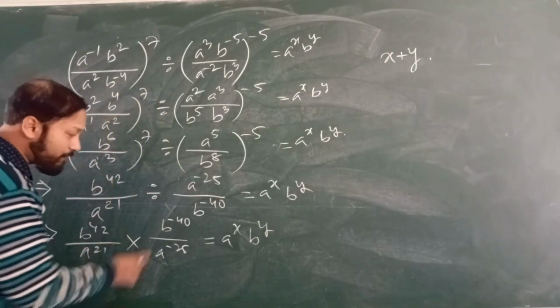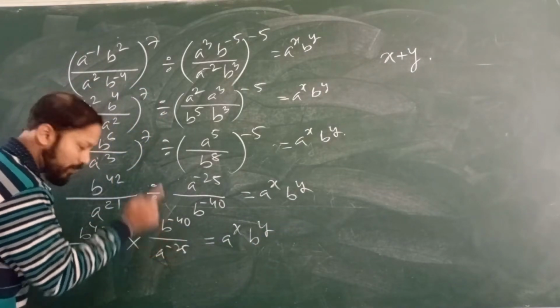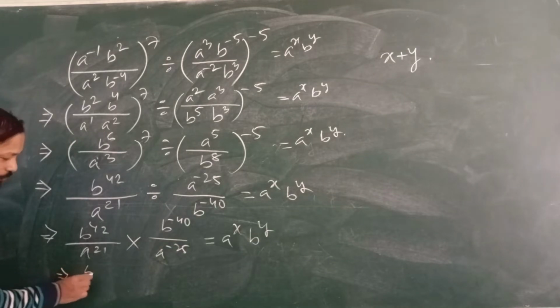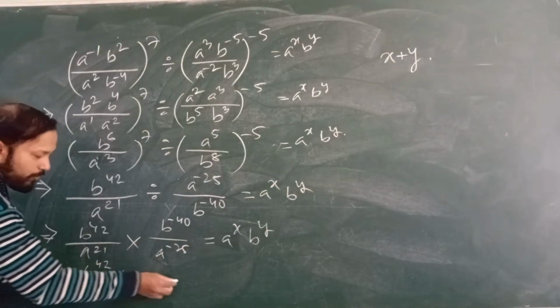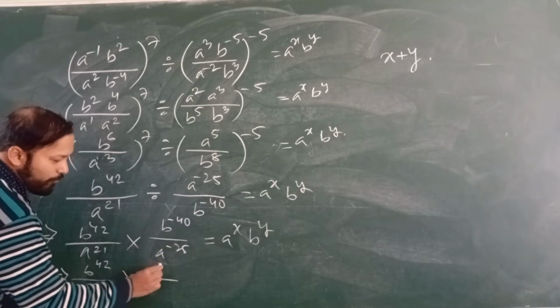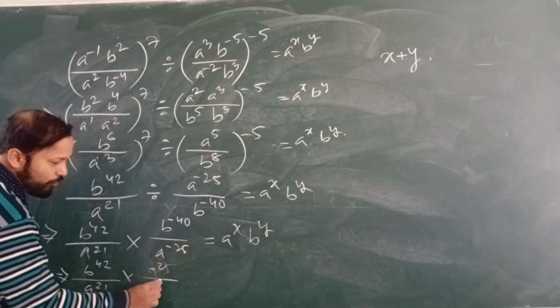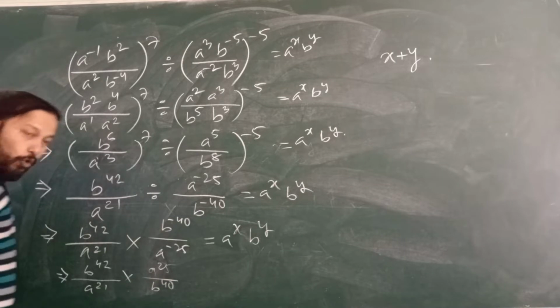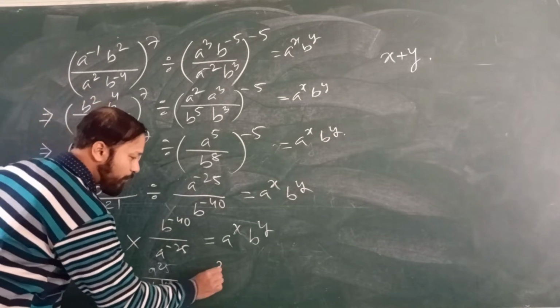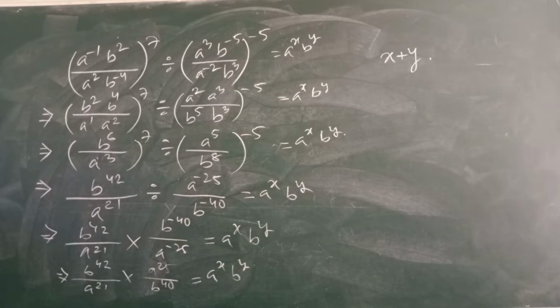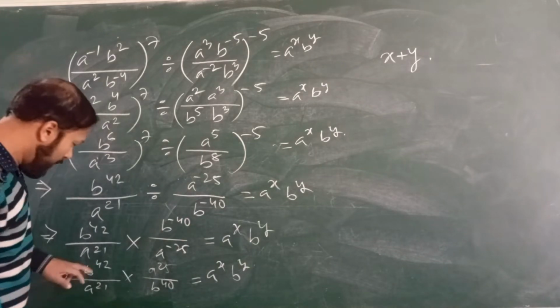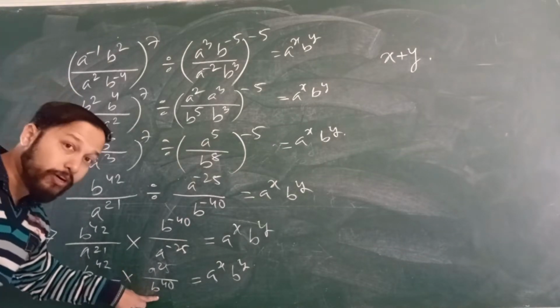Now as I told you, if the power is negative, you can take it down. Let us do that. b to the power 42 by a to the power 21 into a to the power 25 by b to the power 40, equal to a to the power x, b to the power y. Now, this is b to the power 42, b to the power 40.